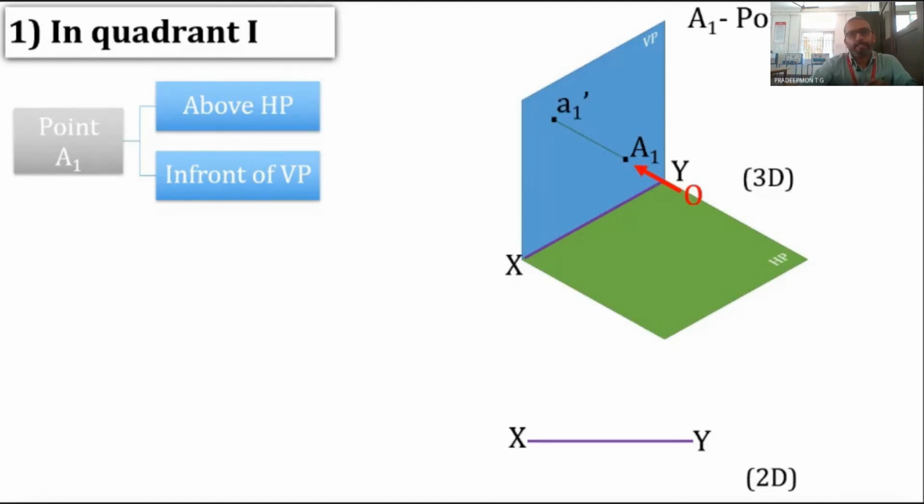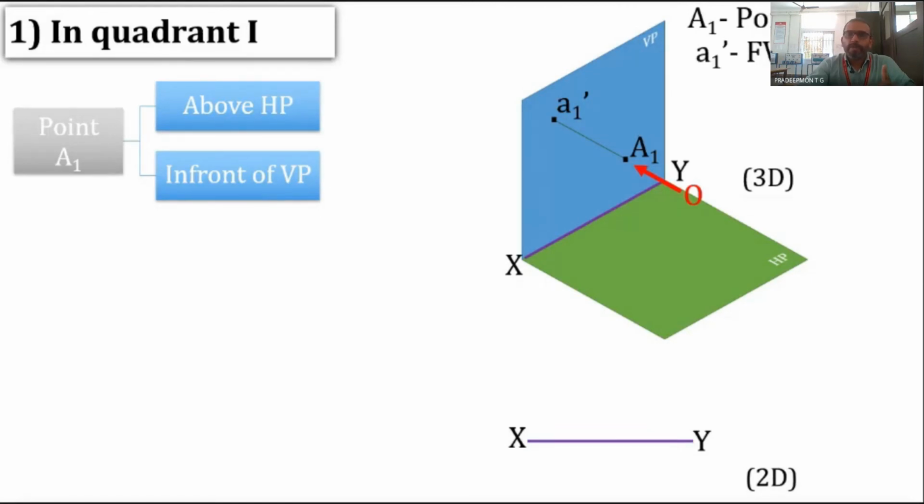Since the point is a capital A1, the front view should be named with a dash. So we name it as A1 dash, where the a should be a small letter. So a1 dash is the front view.